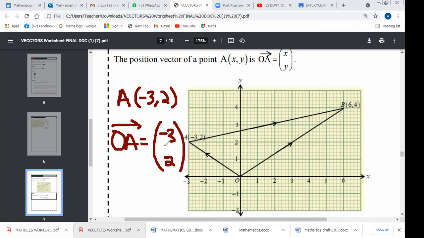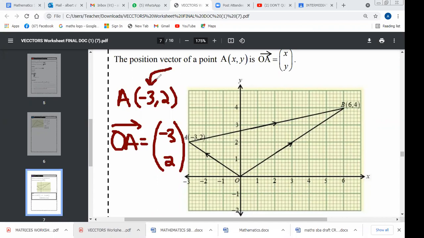What the top number represents in this vector here as a vector. The number of units that goes where? Repeat that, sir. What does -3 represent? X. Yeah, okay, for the coordinate, it represents x.